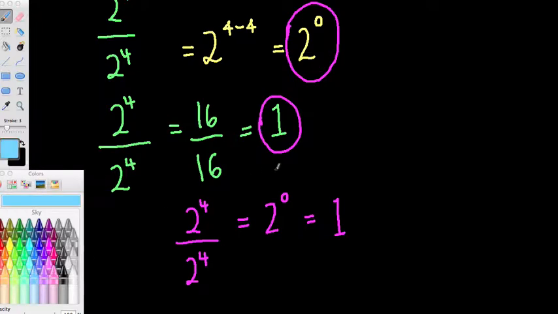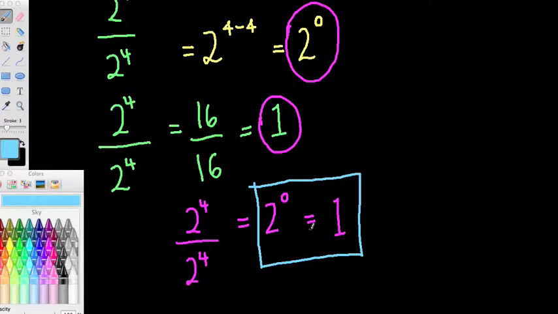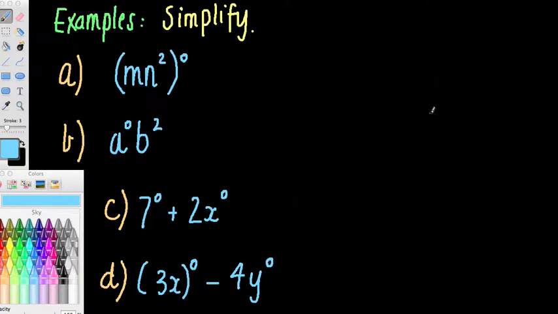And what we get is just like we had in the first slide: a number taken to the power of 0 is equal to 1. Any number. So if you had a huge number and that was to the power of 0, your answer is still 1. Isn't that interesting? The next one we'll look at, next slide, are some examples.